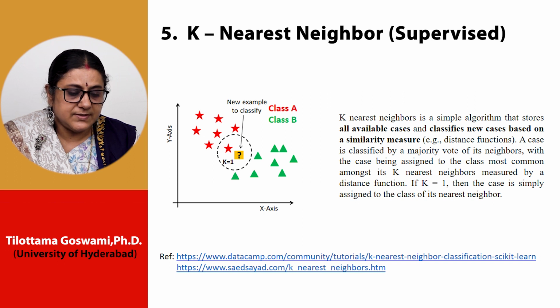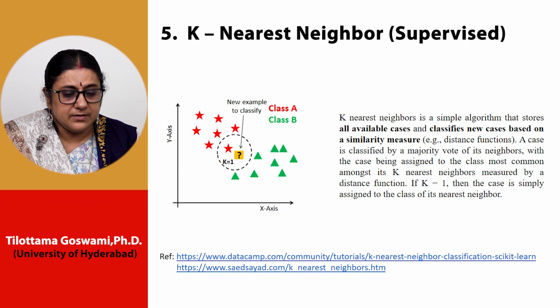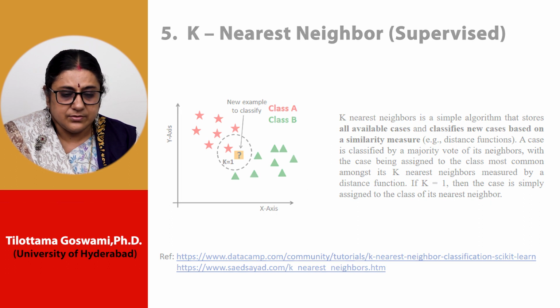So it is just the red star, class A. So the question mark is assigned class A. If we make it k equal to 3 and then make the circle, then we do a voting of how many of them are class A, how many are class B, and the class which has the greater number will be assigned to the question mark.